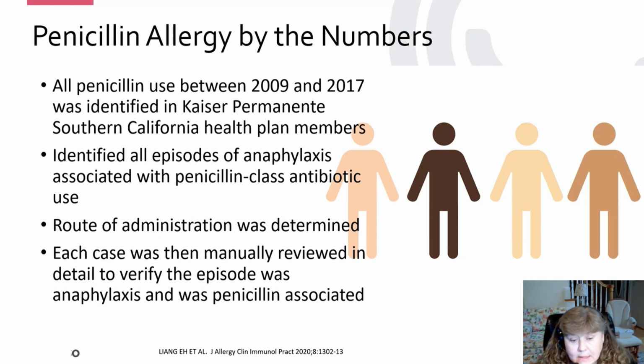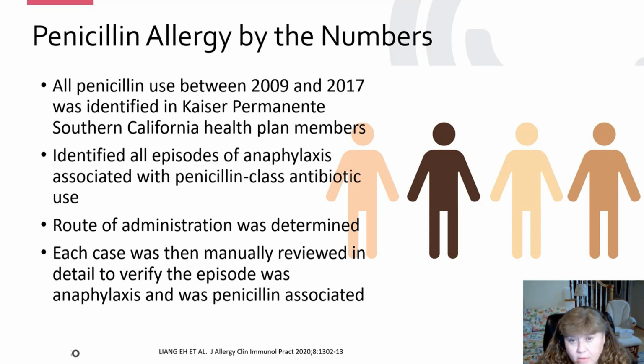So let's look at penicillin by the numbers from a very nice composite study that was published in 2020. It was from the Kaiser Permanente Southern California Healthcare Plan, and they collected all penicillin use between 2009 and 2017.